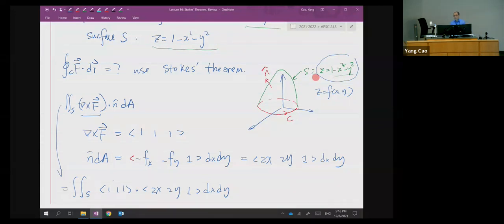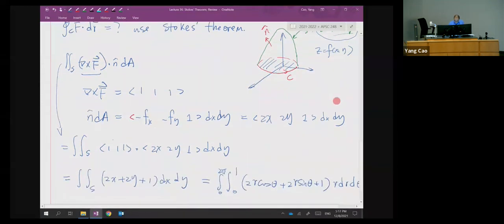Exactly. The other surface is this one. It's a flat surface. So basically the S collapses into the XY plane, or collapses into the circle enclosed by curve C, and that's an alternative surface. So you can certainly use this surface to calculate the surface integral.